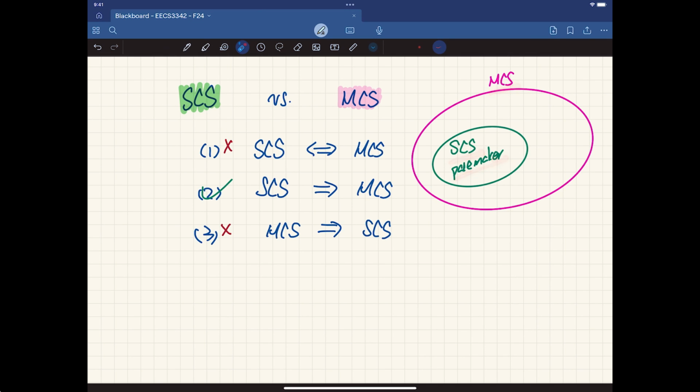All right? On the other hand, we can definitely give you a witness over here that's actually mission critical but not safety critical, right? Whenever you want to disprove some implication, that's what you need. One example could be some financial software for a small company.